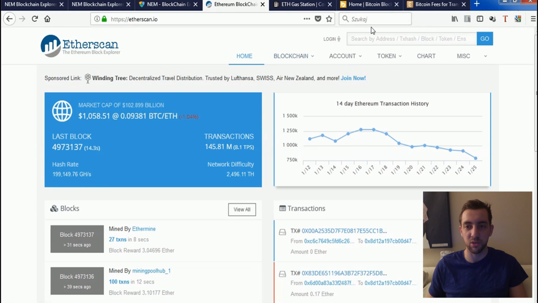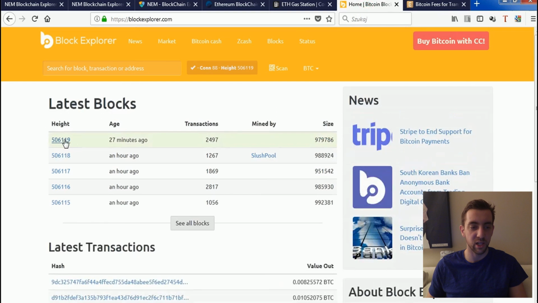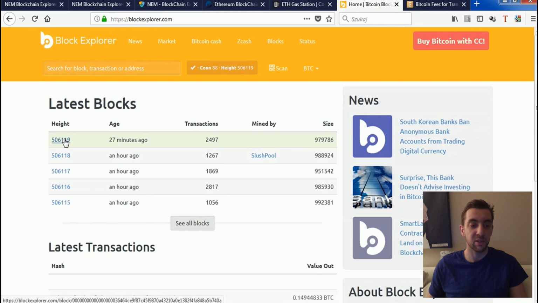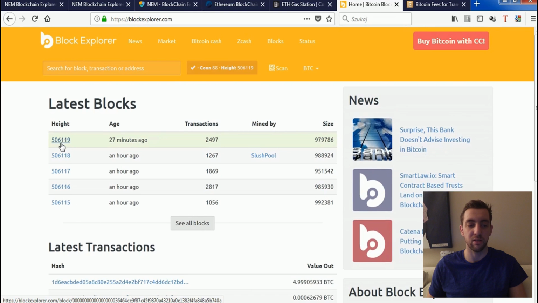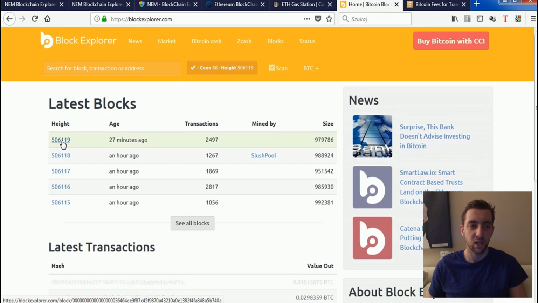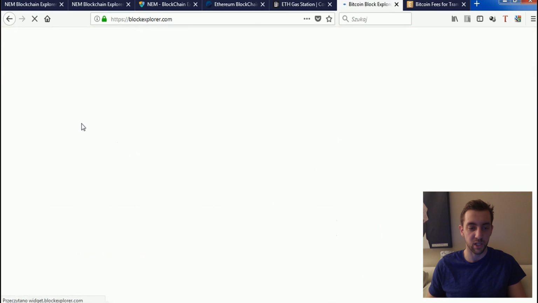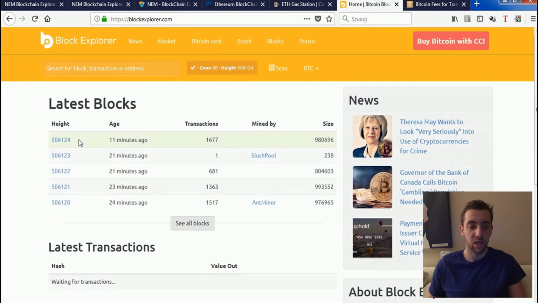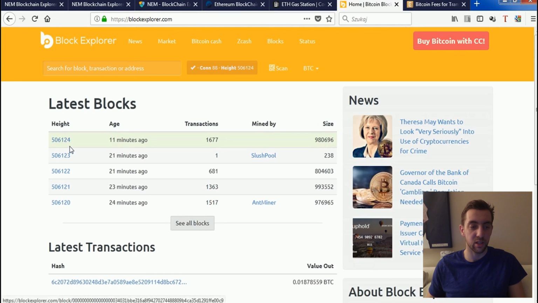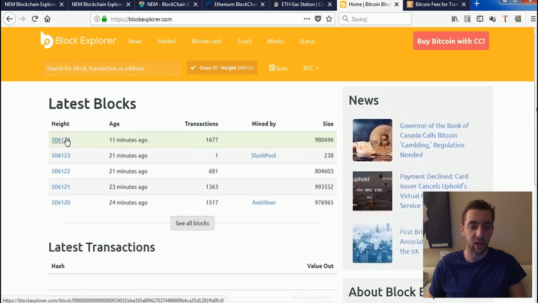But let's go to the Bitcoin block explorer, and here we can see the height, which is the number of the block. There are a lot fewer blocks in Bitcoin because the median time in Bitcoin is like 10 minutes. So every 10 minutes we get another block. I will refresh this page so we will have the newest information, and it's only like 500,000 blocks so far.